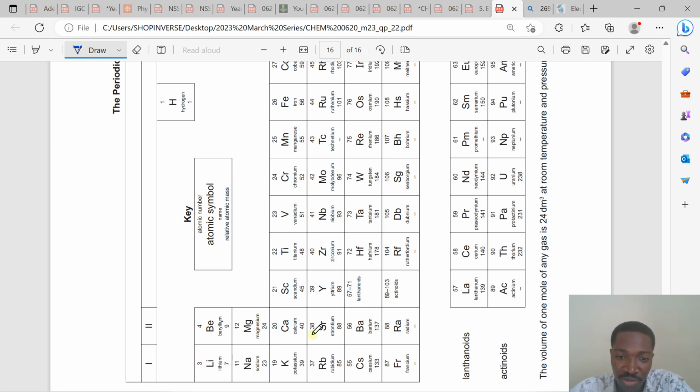But no, for these alkaline earth metals, the reactivity increases from the top to the bottom. Barium is more reactive than calcium due to the ease with which the elements at the bottom of this group lose their electrons. The ease with which these can lose electrons is higher than for those at the top. So barium is more reactive than calcium.